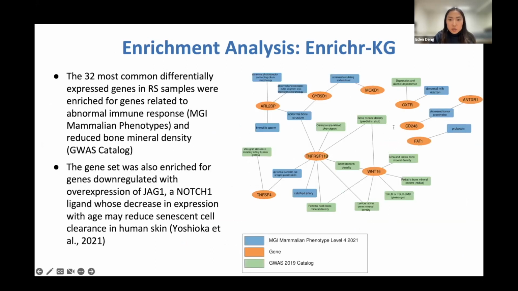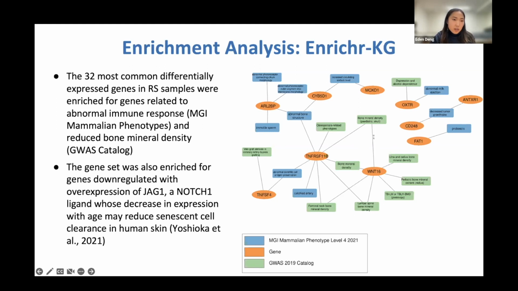As an exploratory analysis, we were also interested in identifying if there are any pathways or phenotypes that are highly represented among the top genes expressed in RS cells. So we submitted the 32 most common targets across analysis conditions to Enrichr, and this was without membrane prioritization.